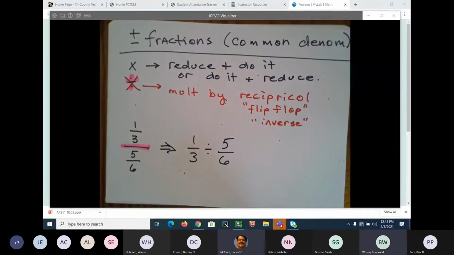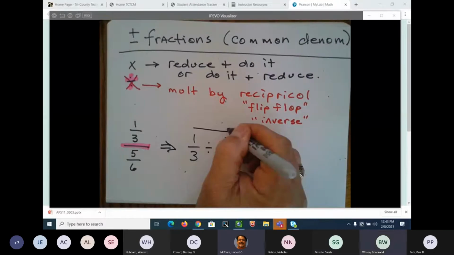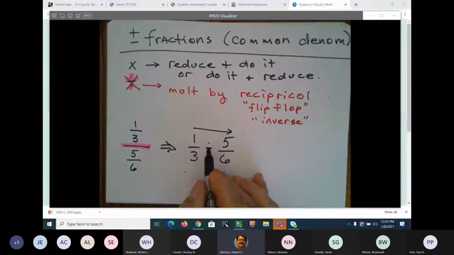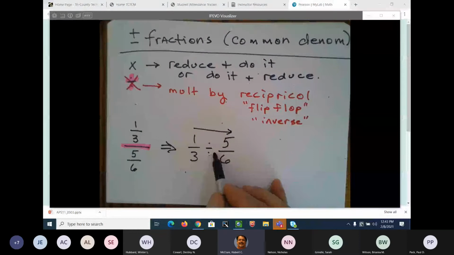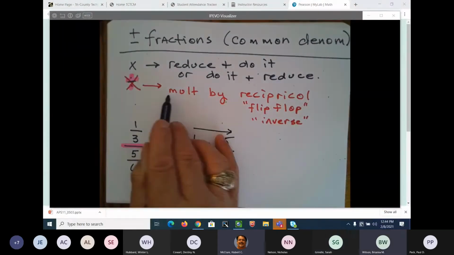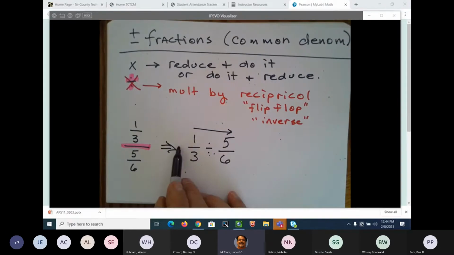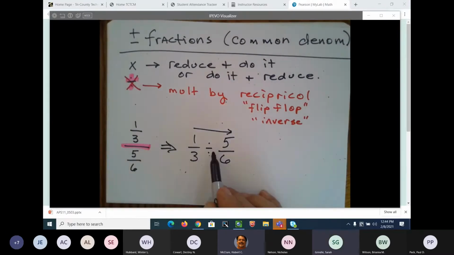Now, which way do we read? Left or right? We read left to right. So where is the operation being done here? It's right there. So you can't do anything out here in front of this 1/3. You've got to change that division symbol, because it says multiply by the reciprocal. So that means you got to change that division into a multiplication symbol.